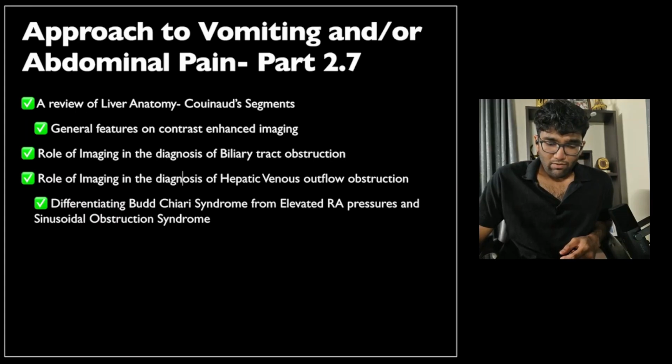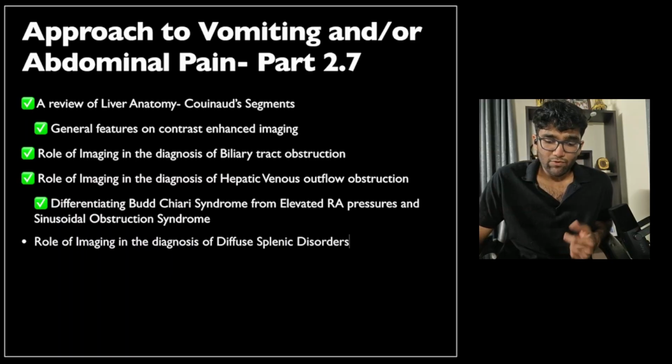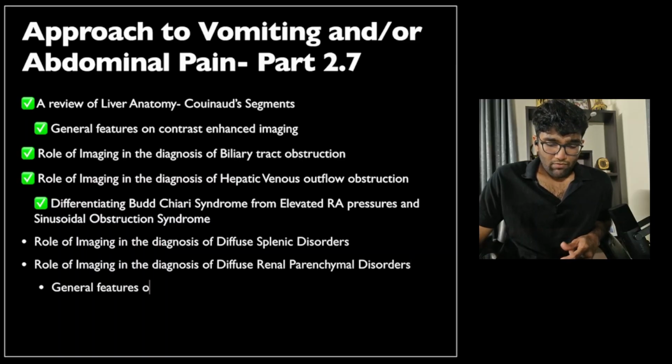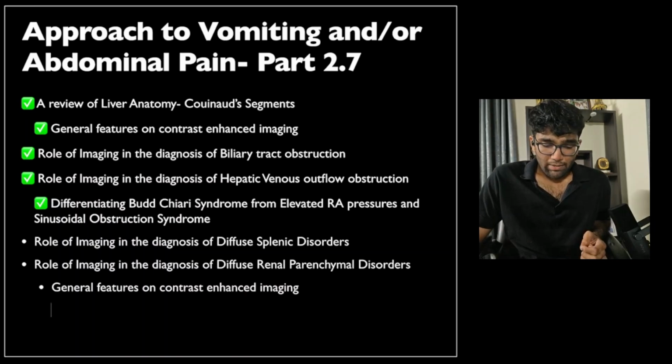So that will be done under the following headings. First, we'll talk about the role of imaging in the diagnosis of diffuse splenic disorders. Then we'll talk about the role of imaging in the diagnosis of diffuse renal parenchymal disorders. Within that, we'll talk about the general features of contrast enhanced imaging in the kidney.